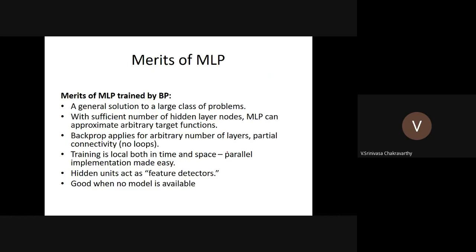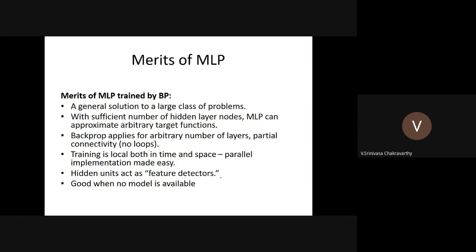So a lot of thinking and analysis goes into defining ideal or optimal features. Whereas with the neural network, you can give pretty much the raw data, but the hidden layer neurons work like feature detectors. And sometimes if you analyze what the hidden layers are doing, they seem to be detecting some really intelligent features. So they do your work for you. You don't have to sit and analyze and come up with really smart features.